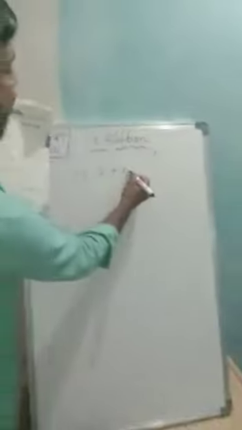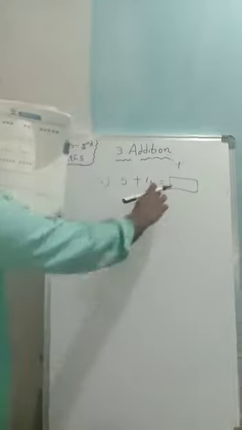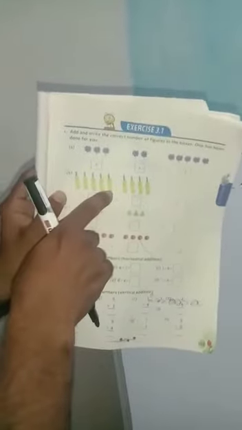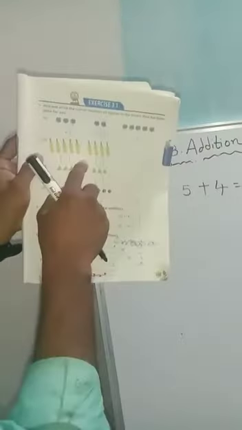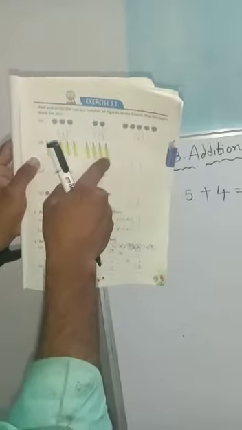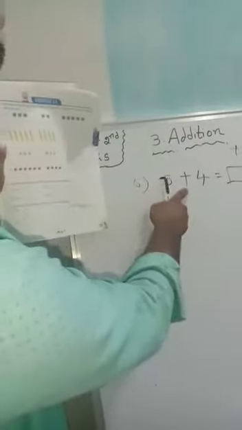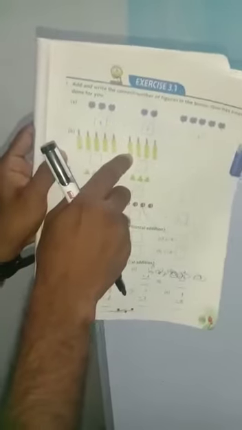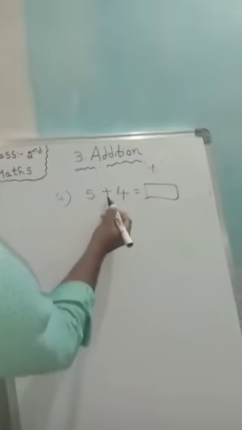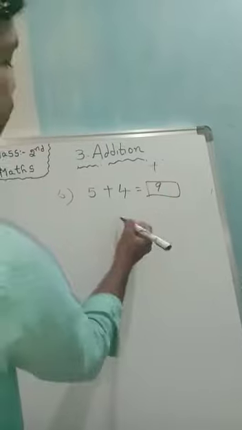Here again 4 bats are there. Total in the box, how many bats are there? Now count. 5 plus 4. Now total bats: 1, 2, 3, 4, 5, 6, 7, 8, 9. So in the box total bats is equal to 9. 5 plus 4 is equal to 9. So therefore 9 bats.